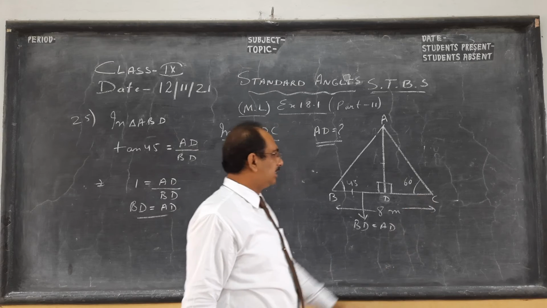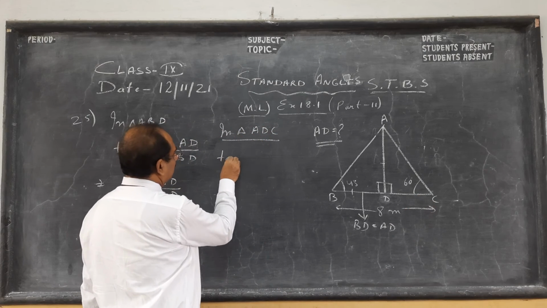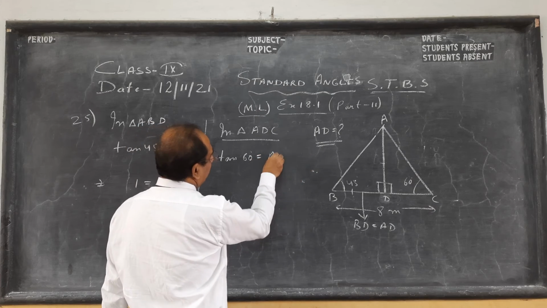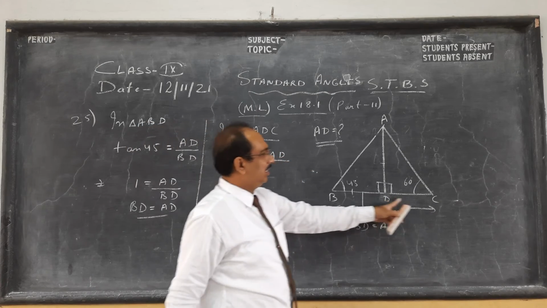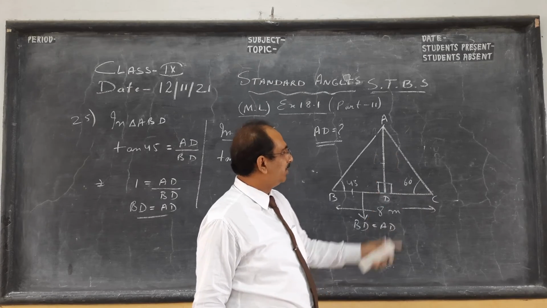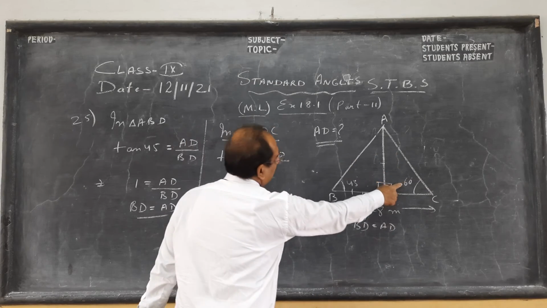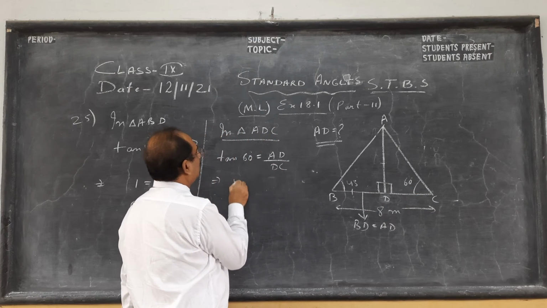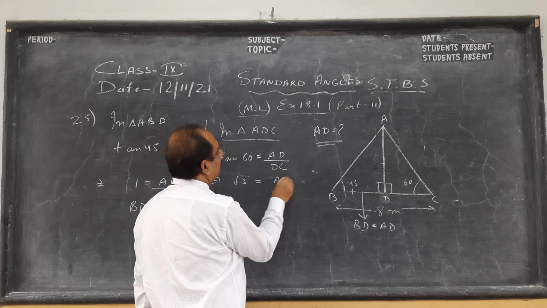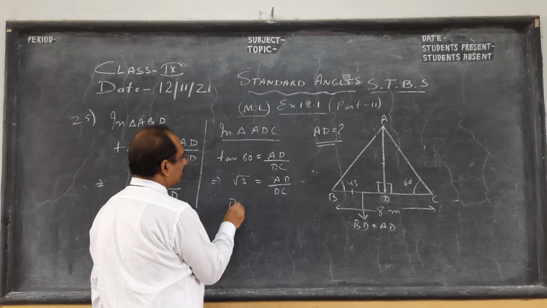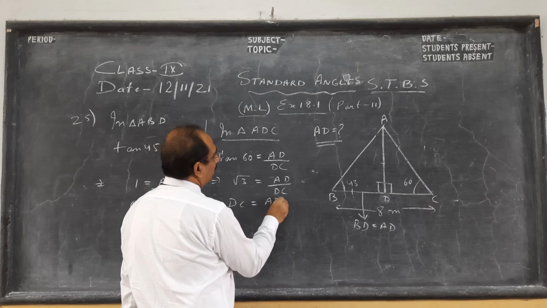In triangle ADC, tan of 60 degrees is AD by DC. We are trying to find a relationship between perpendicular and base. So tan 60 is this by this, AD by DC. Tan 60 is root 3, so DC is AD by root 3.